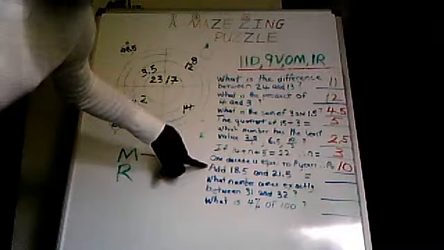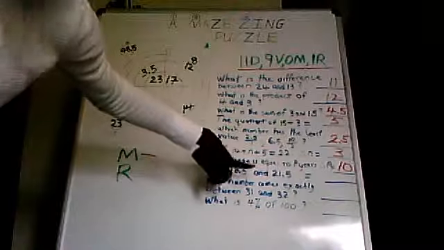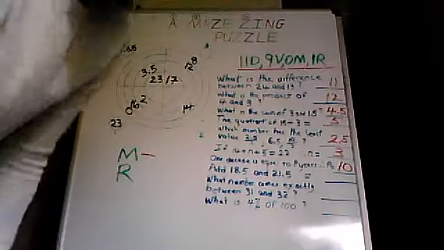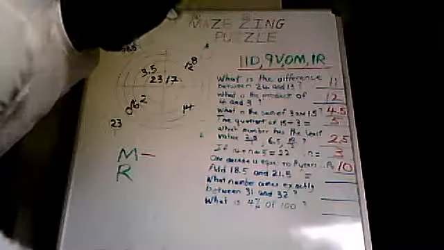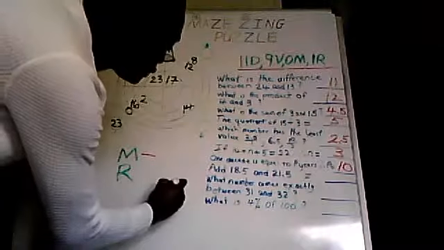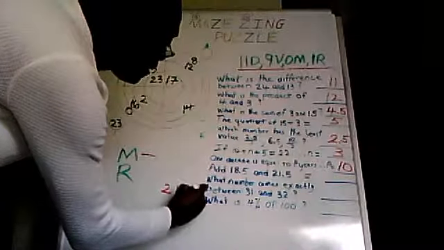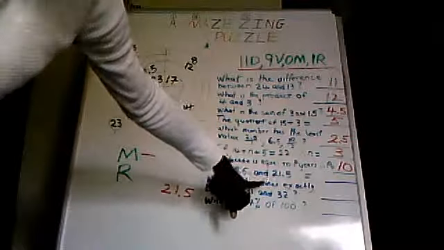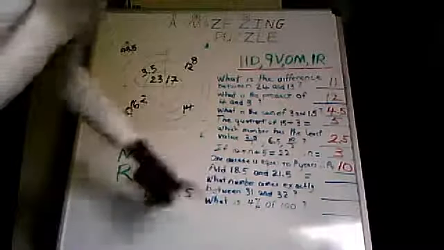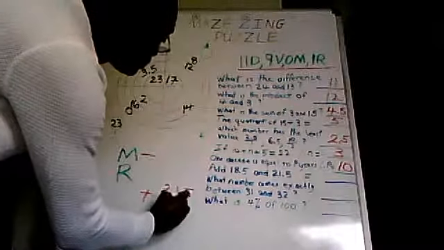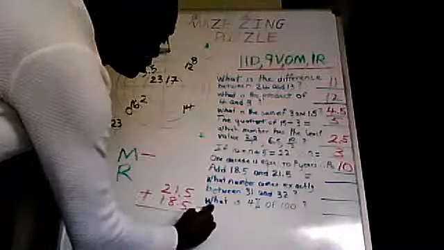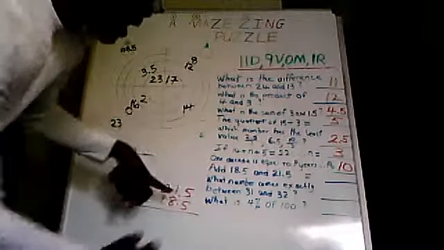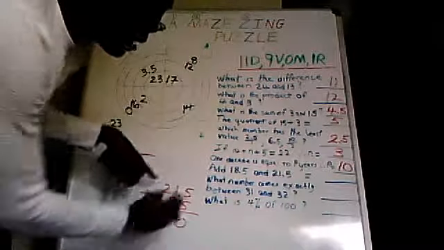This question says add 18.5 and 21.5. Remember, put point on the point. It's simple. 21.5. I normally put the bigger number at the top. 18.5, and add 2, 5, 10. Carry 1.